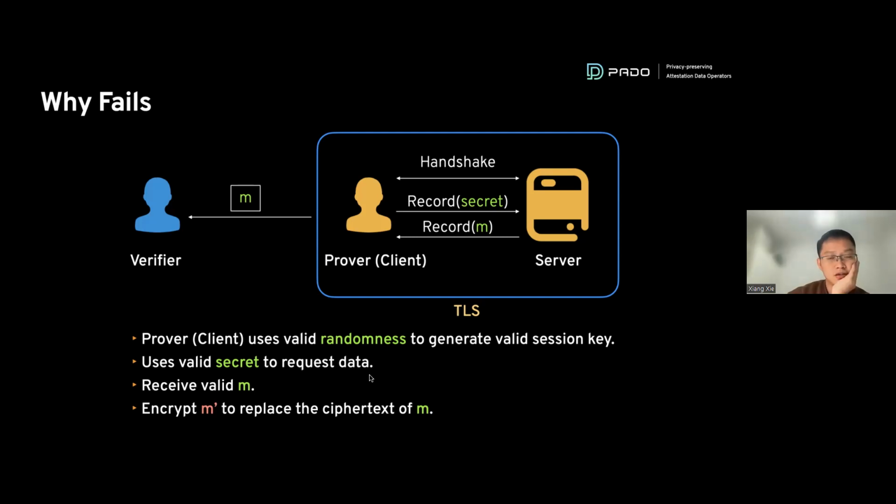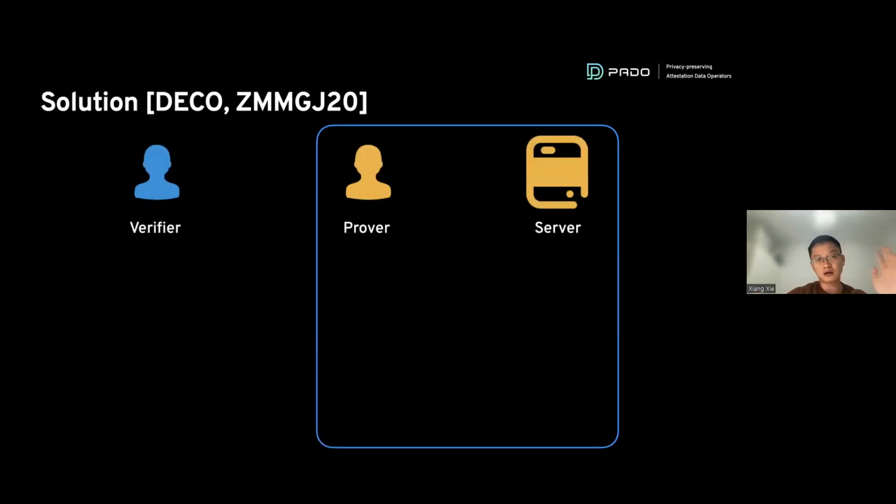Okay. So how do we solve this problem? Now that's the DECO protocol. The DECO protocol gives a very nice solution to the previous problem. The key part is as follows.